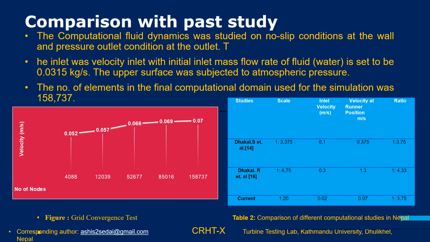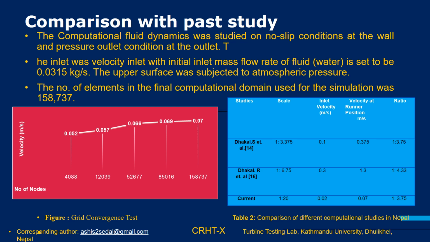For our computational study, we did a grid convergence test, and the number of elements in the final computational domain used for the simulation was 158737, as the change in velocity was very small, from 0.066 to 0.07.